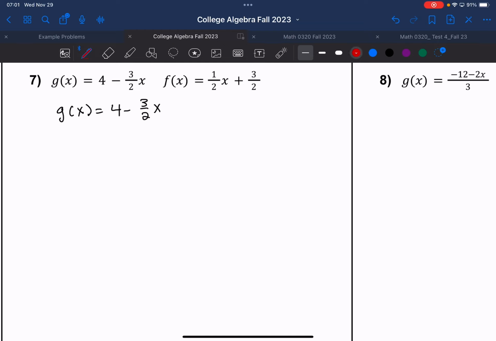Y. So we're going to just cross this out and say this is a y. Okay, so we have y equals 4 minus 3 halves x. In order to start finding the inverse, we have to swap what? The x and y. So now we have x is equal to 4 minus 3 halves y.